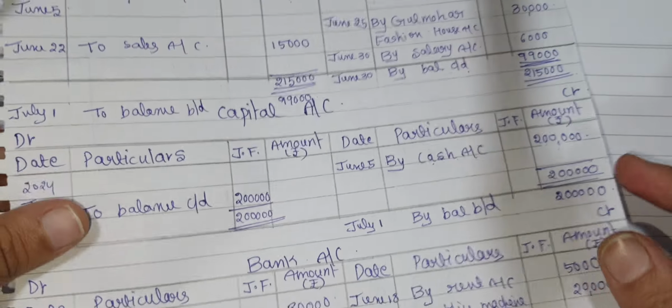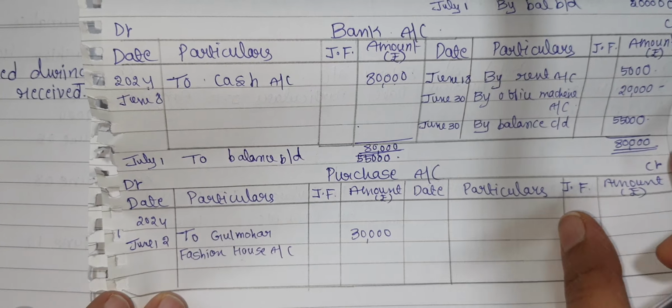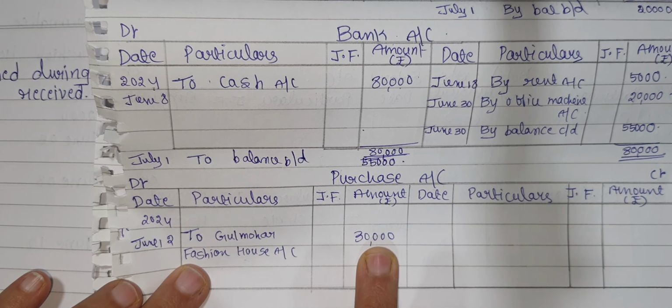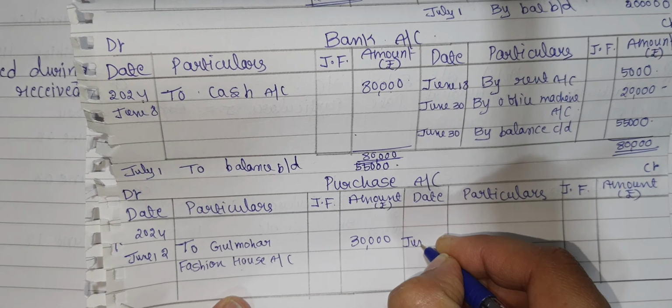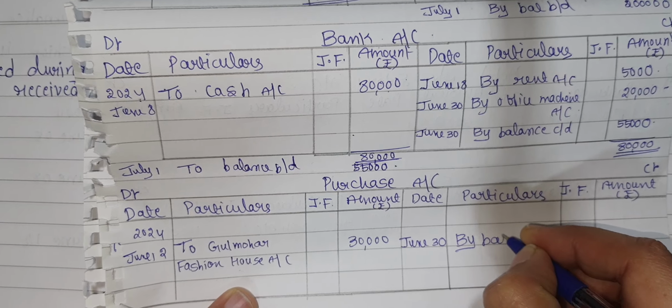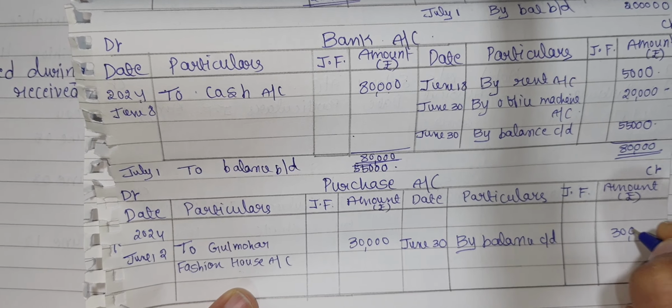And next one, the purchase account. See here, in the purchase account only the debit side has a balance, that is rupees 30,000. Here, June 30th, by balance carried on, that is rupees 30,000.